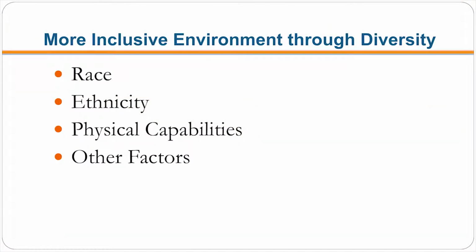By now, your hiring manager or committee chair should have received the Sam Houston State University Affirmative Action Plan goals. Please ask the designated person to share these goals with the committee members. AAPs set goals that serve as guideposts for hiring and promotion decisions. By achieving diversity in race, ethnicity, physical capabilities, and other factors, we provide a more inclusive environment with a wider range of solutions to the challenges of our times.